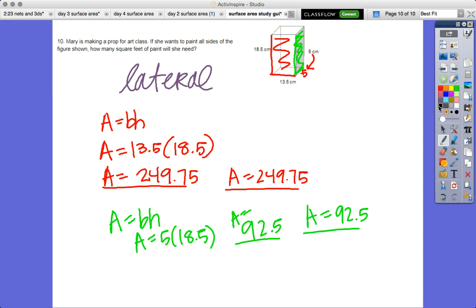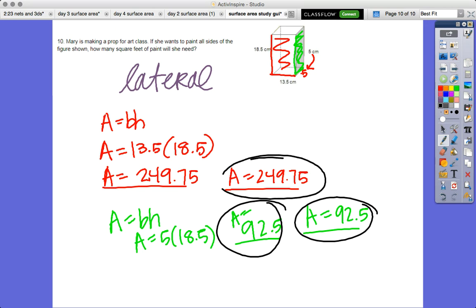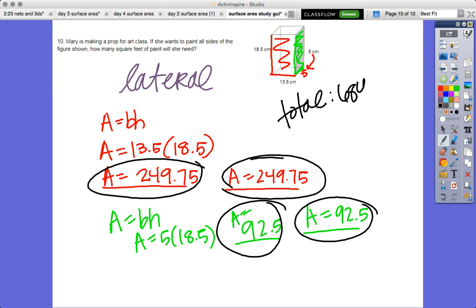I do not have to find the top and bottom because we're just painting the sides. So to get your total, you're going to say 92.5 plus 92.5 plus 249.75 plus 249.75, and that's going to give you a total of 684.5 centimeters squared. Good luck on your test.